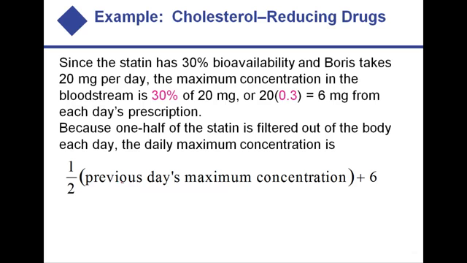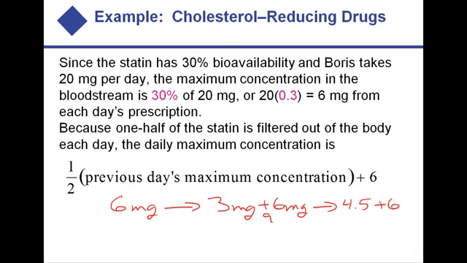He takes a pill and he instantly has 6 milligrams in his body. At the end of the day, 1/2 of it goes away, so he's left with 3 milligrams. And then he takes his next pill, which adds another 6 milligrams to it. So now he has 9. At the end of that day, half of it goes away. He now has 4.5. And then he takes his next pill. And the pattern keeps repeating.